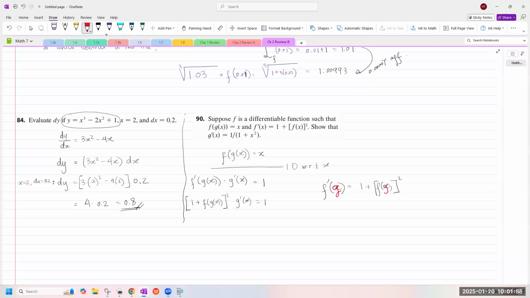But at the same time, we know f composed with g equals x. So this becomes 1 plus x squared times g prime of x equals 1. So g prime of x equals 1 over 1 plus x squared. Oh no, I don't have the square outside. The square is here, by the way, not outside.